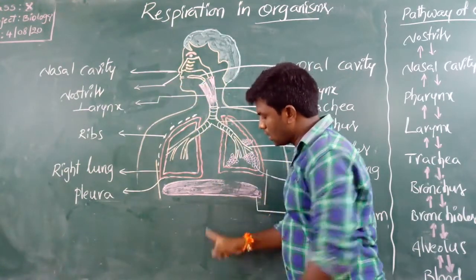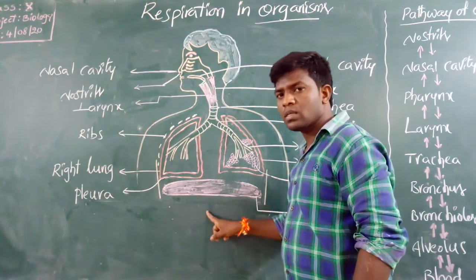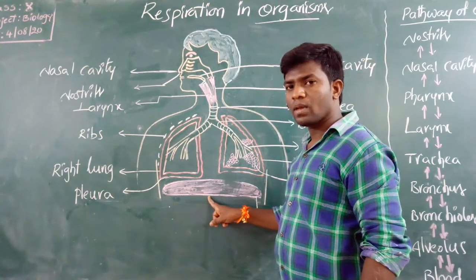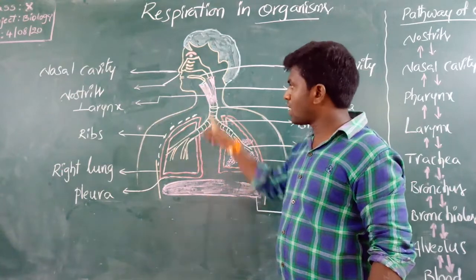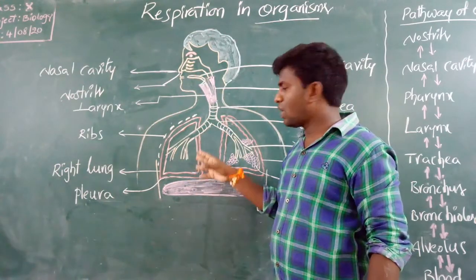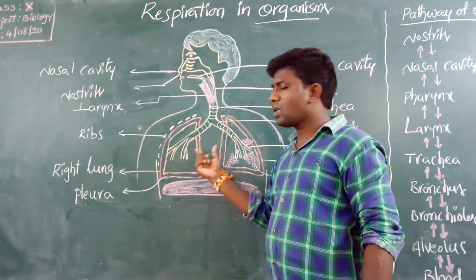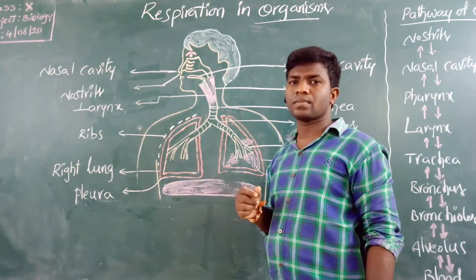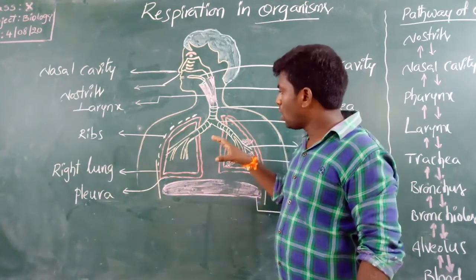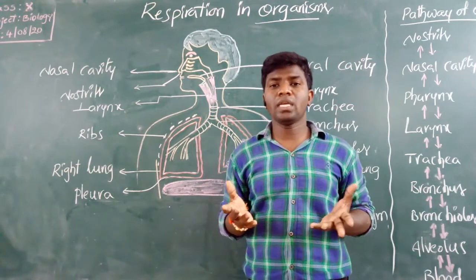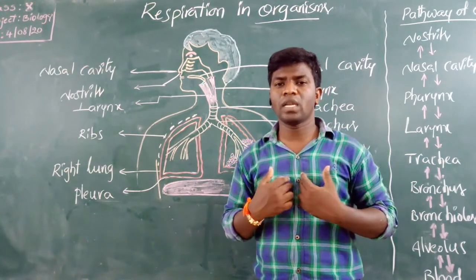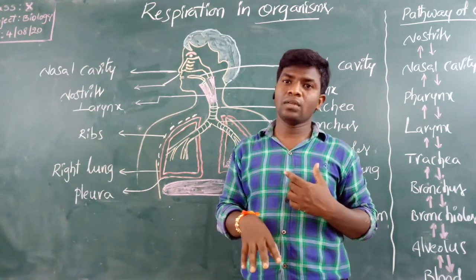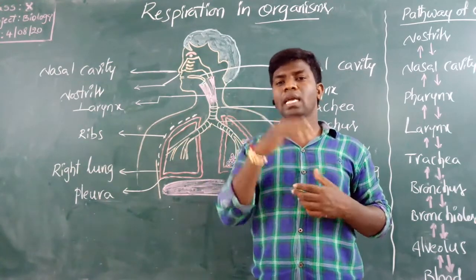Then the diaphragm comes back to the same place, meaning it relaxes as carbon dioxide is released. The volume of the lungs also decreases. While breathing in, the chest cavity increases. While breathing out, the chest cavity decreases, but air pressure increases.